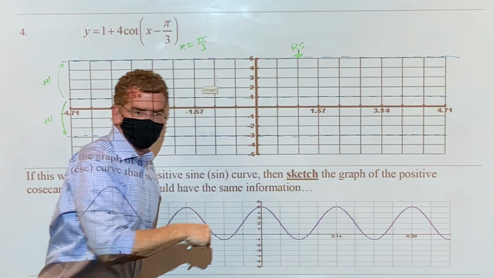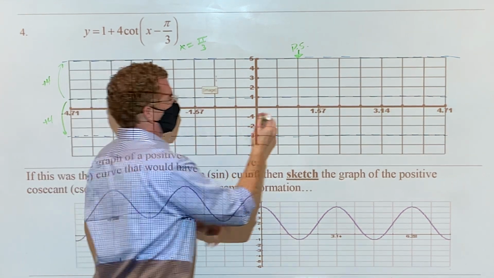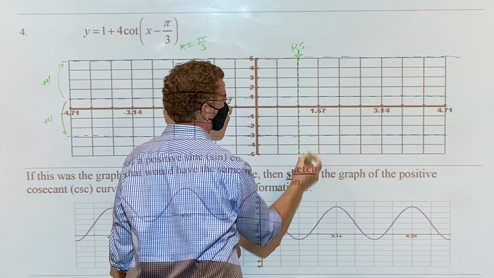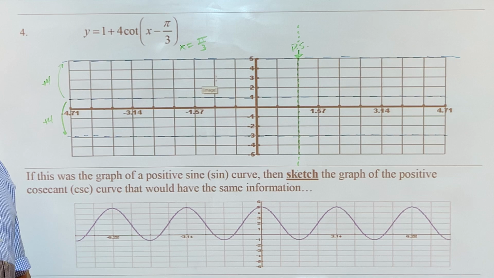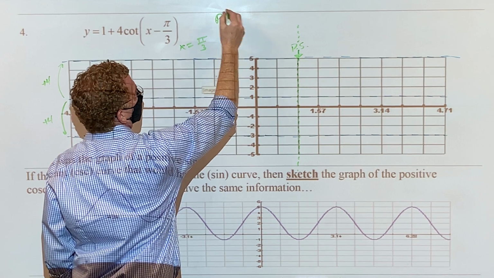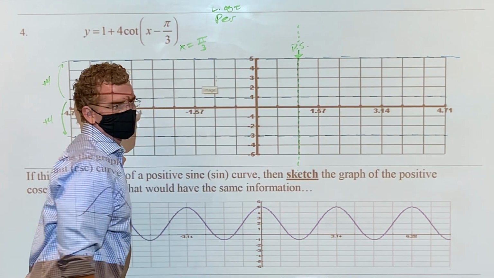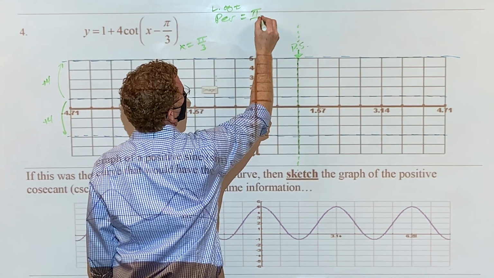And for a cotangent, like all of the other ones, the phase shift marks the beginning of the period. So I'm going to mark that with a vertical line because it actually is a vertical asymptote. All right? And then what's the period here? The length of the period is pi over 1, so in this case, just pi.